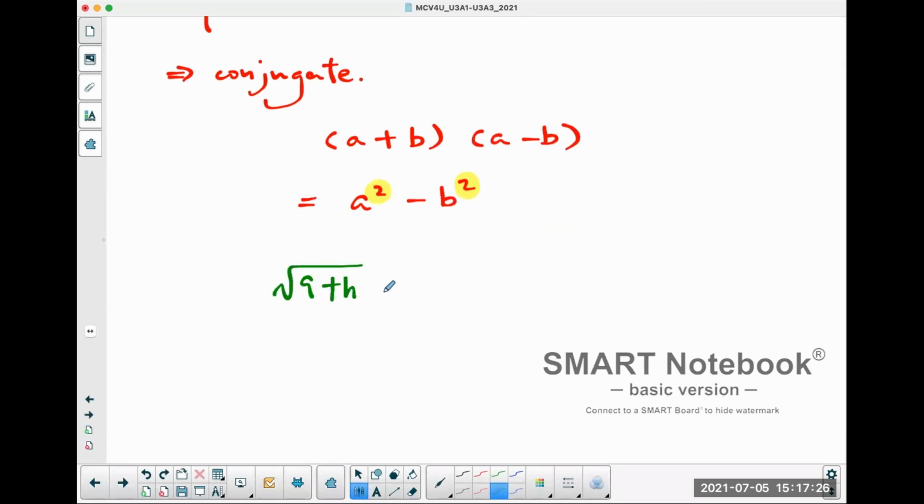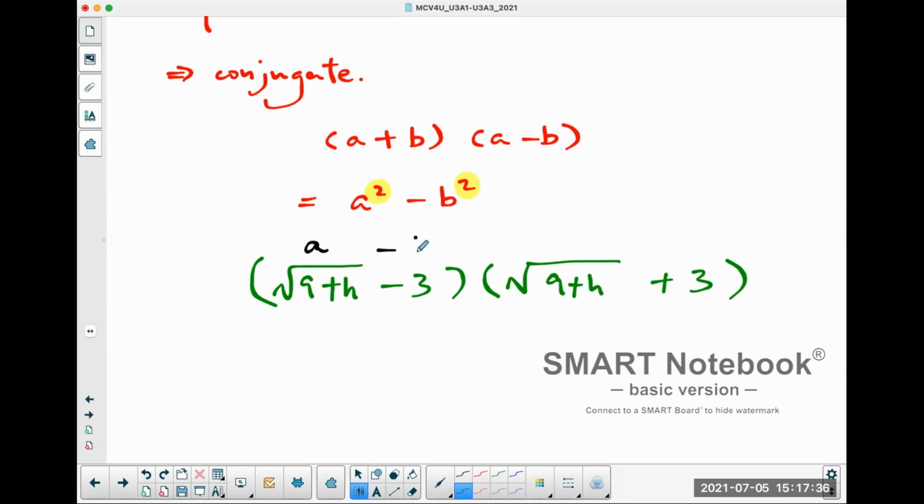Square root of 9 plus h minus 3, times square root of 9 plus h plus 3. This guy is your A, this is your B. This guy is your A, and that's your B. When you have a difference of squares like that and you multiply, you're going to get a squared minus b squared.